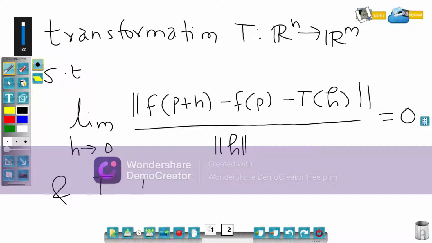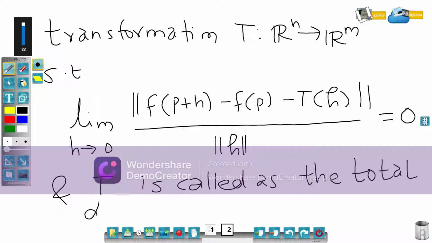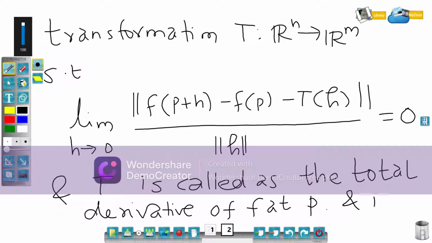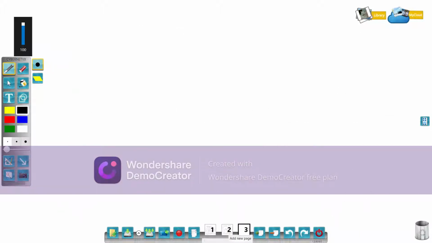And T is called the total derivative of f at p, and it is denoted by df_p or f dash at p.